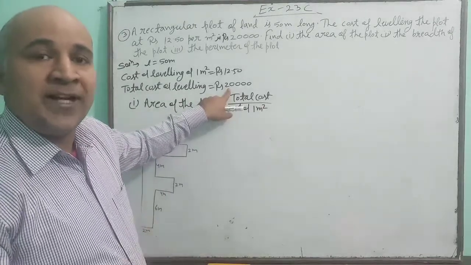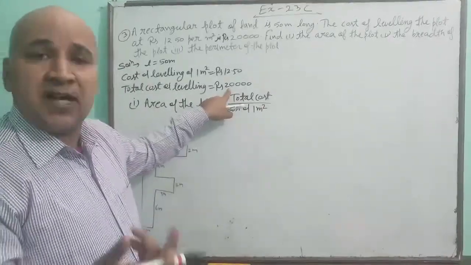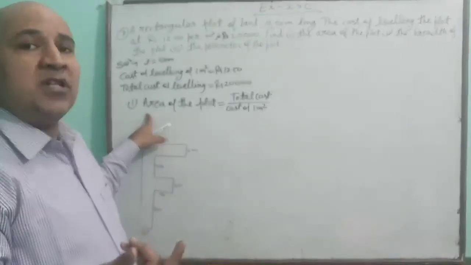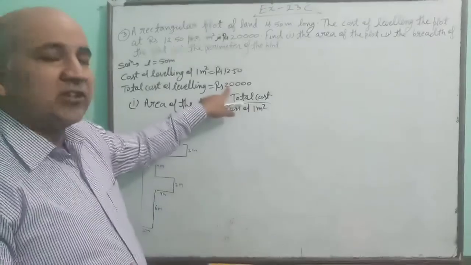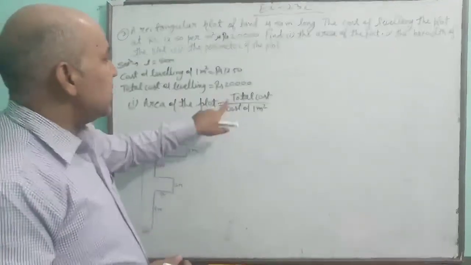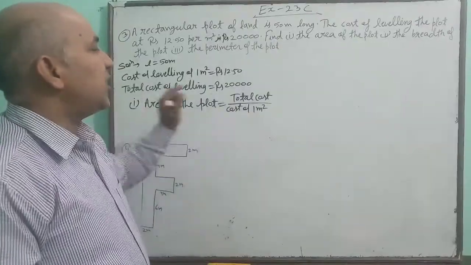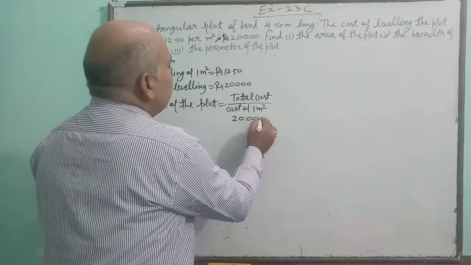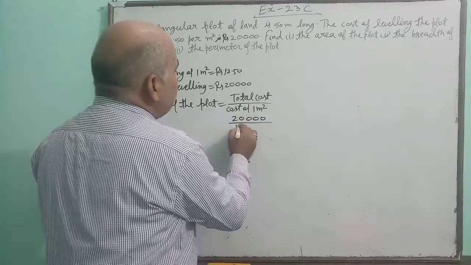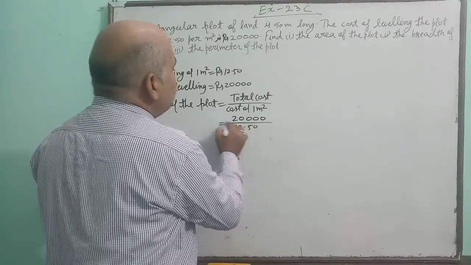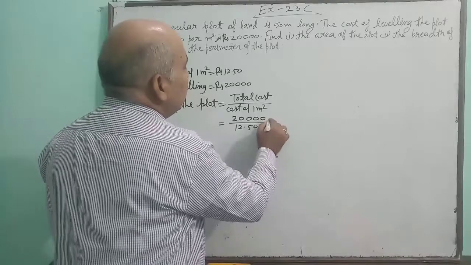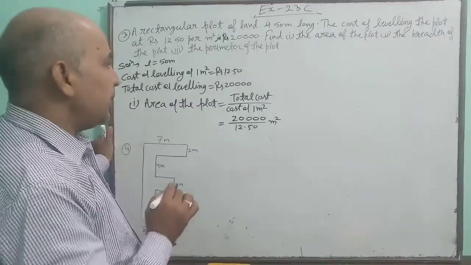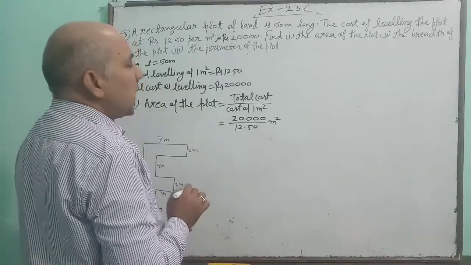Meter square is the unit of area. That means cost of how much area will be 20,000. To find this, total cost will be divided by cost of 1 meter square. That means 20,000 will be divided by 12.50 and then you will get your answer in meter square because this is the area. Now divide it and get your answer.